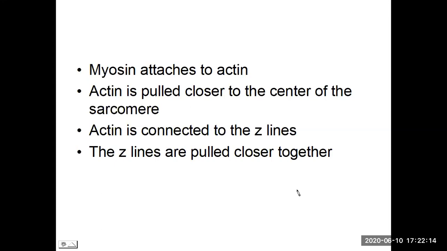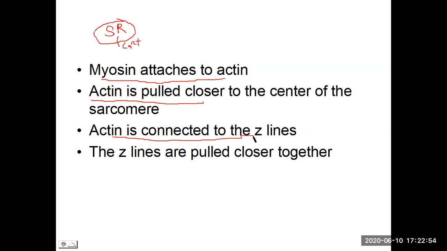And a description here, and we'll see this visually. So again, with the storage of calcium in the sarcoplasmic reticulum, that calcium is released and interacts, of course, with the troponin, releasing tropomyosin. Myosin heads attach onto actin. Actin is always connected onto the Z lines. So we now begin by pulling the actin closer to the center of the sarcomere. And again, that connected actin is always bound to the Z lines.